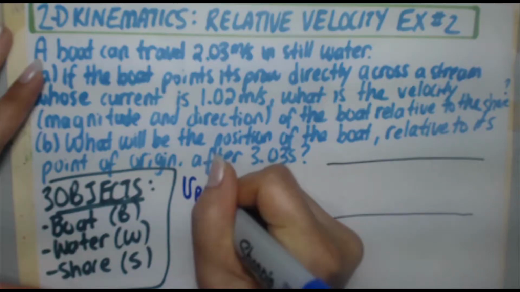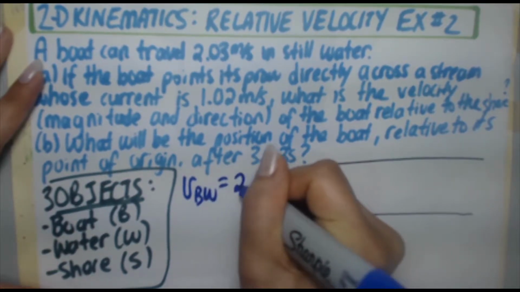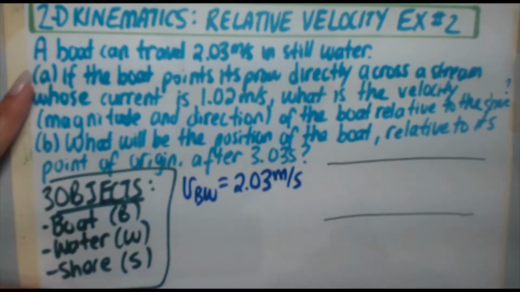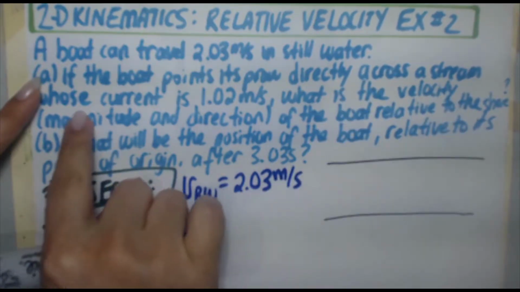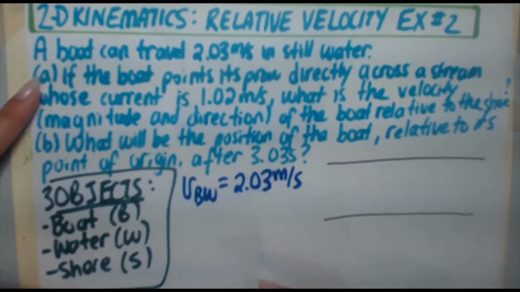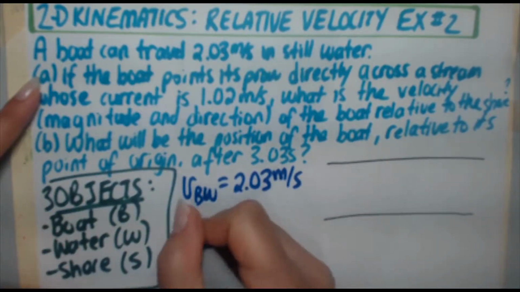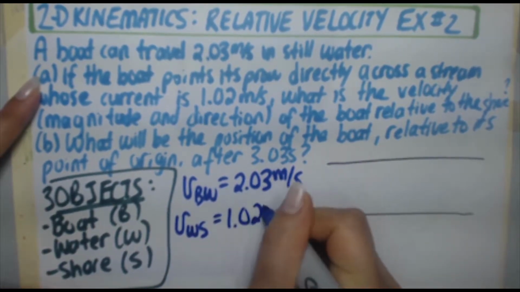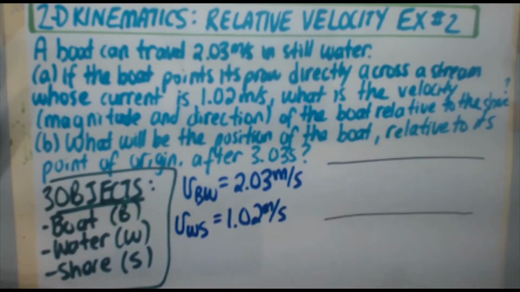So that's B relative to W, and that's 2.03 meters per second. And the other thing they tell you is that the stream has a current of 1.02 meters per second. That is the velocity of the water relative to the shore. So 1.02 meters per second.